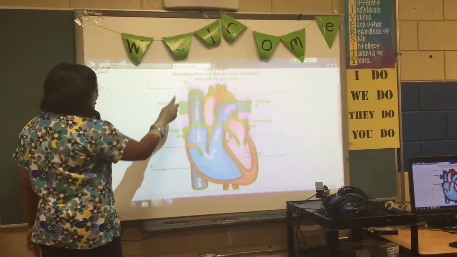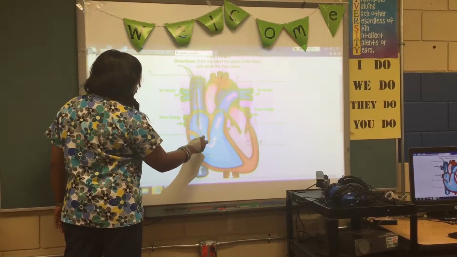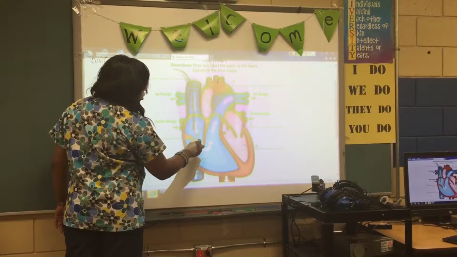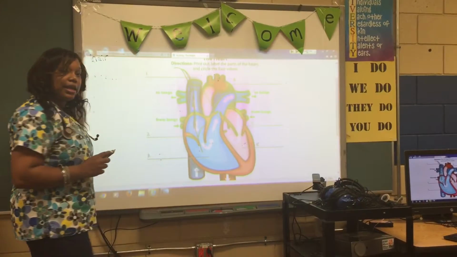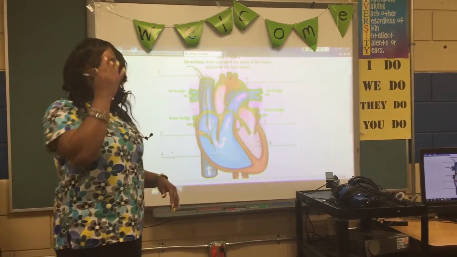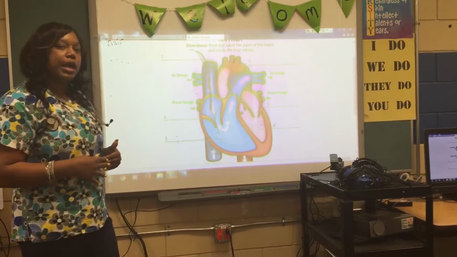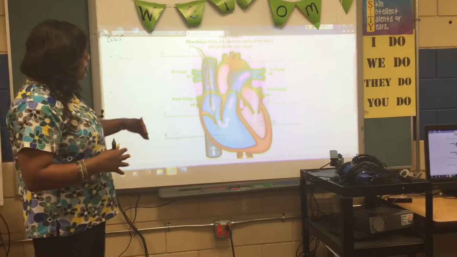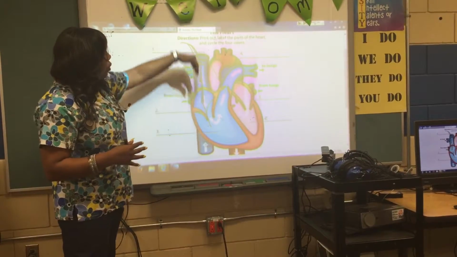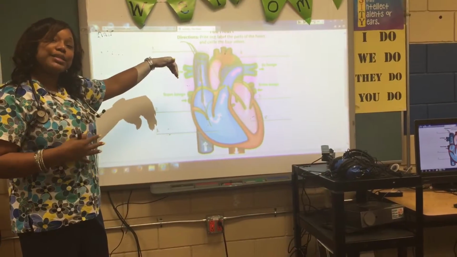So what happens is, when that blood comes in through the right atrium, it goes through this valve right here. Then this valve closes, so the blood cannot flow back. Okay? And sometimes people have what they call leaky valves, and that's the reason why they may have to have some type of surgery to correct that, because the blood flows back from the heart, and that could be very dangerous.